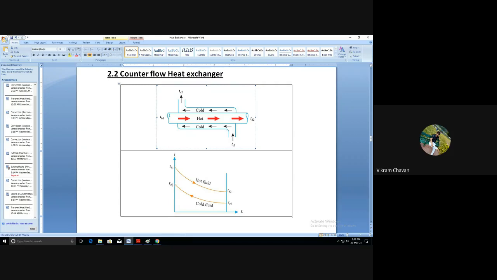Where the hot fluid enters, on that side we get the exit of the cold fluid. So for counterflow we have to show this graph with opposite direction.